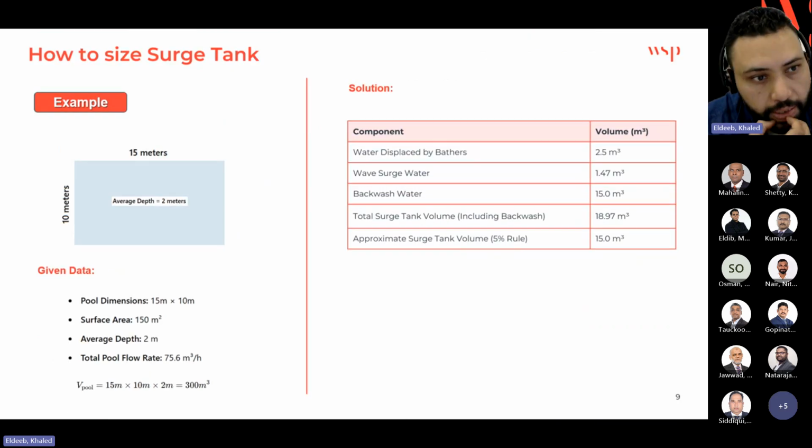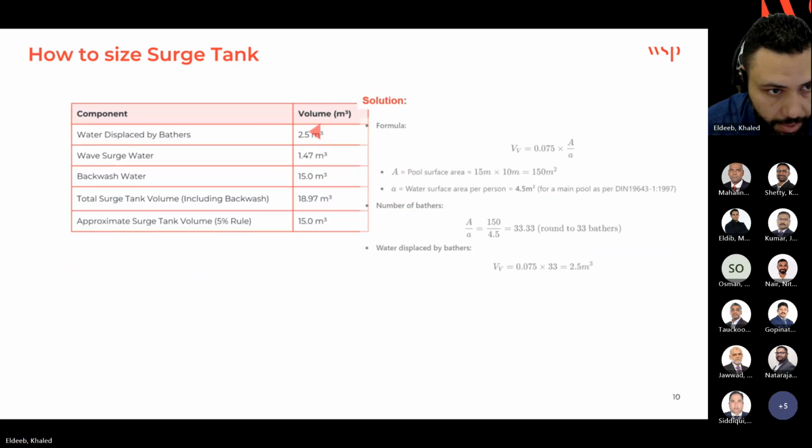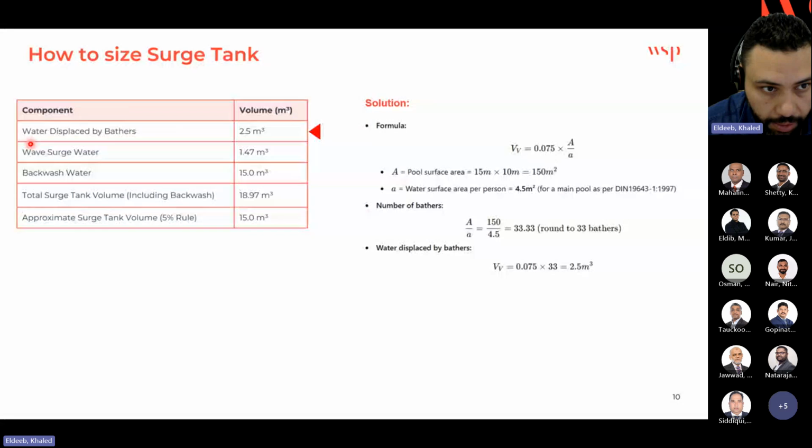So this is our famous example, the one that we usually use in all sessions. We need to calculate the surge tank serving this pool. I put the result here, and I'm going to explain one by one. First, we need to calculate the water displaced by bathers.